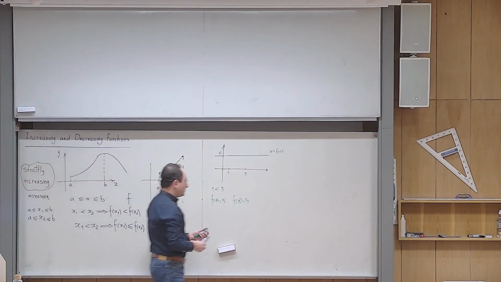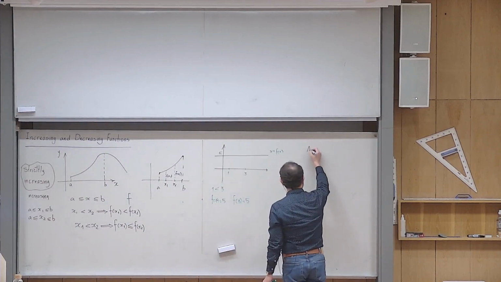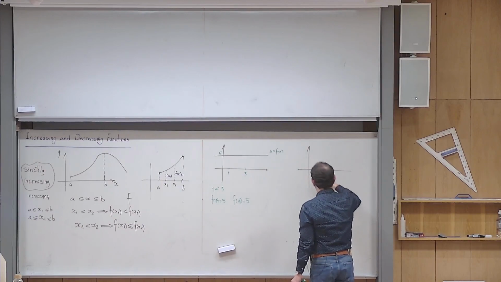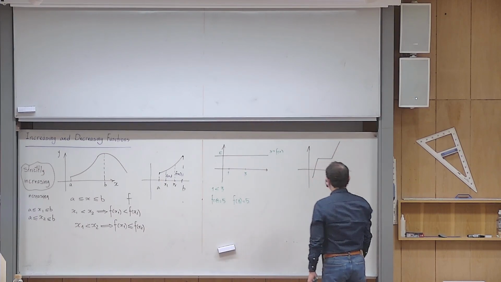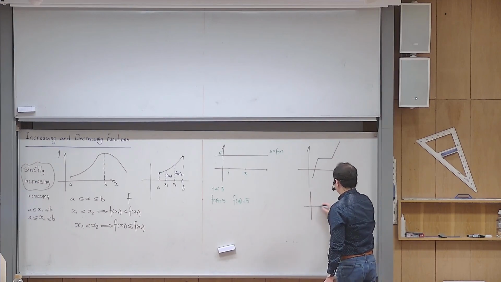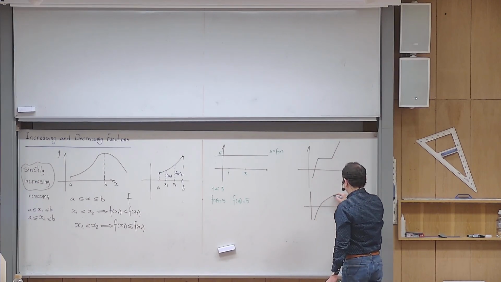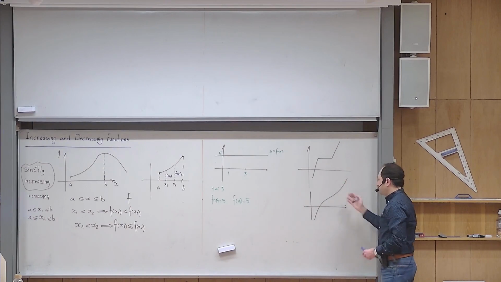So what I want to say, it's better to understand this scenario from this perspective. If I have a graph like this, or if I have a graph like this, there is a difference between them.